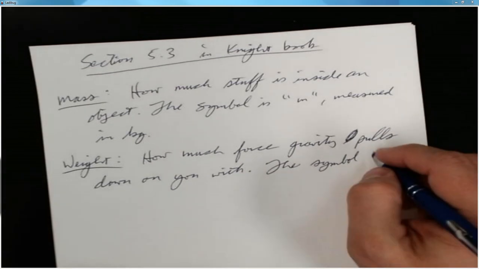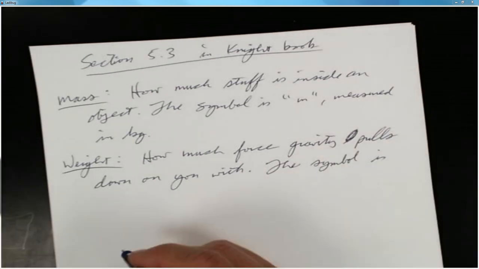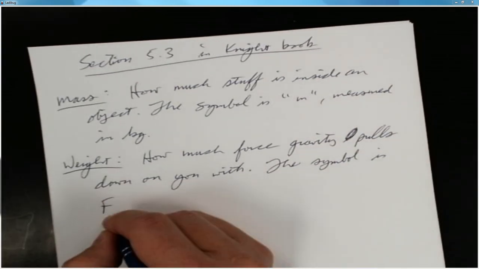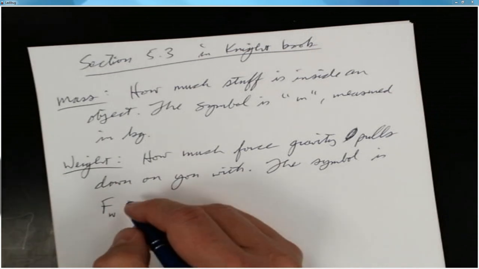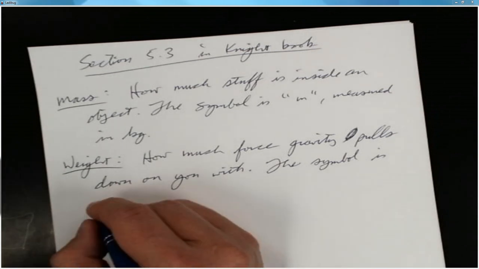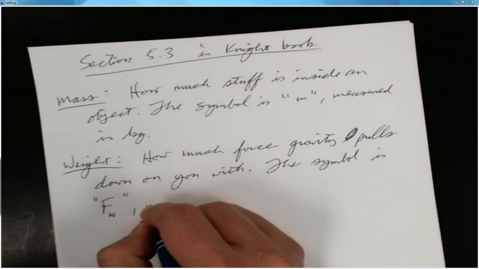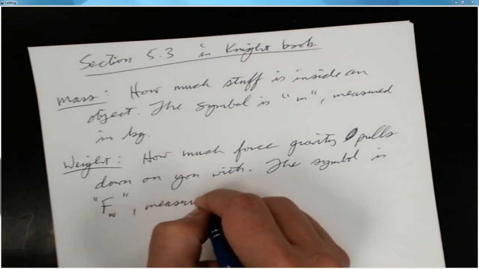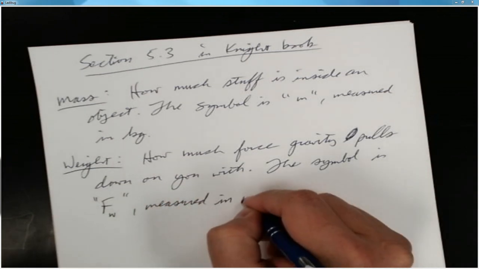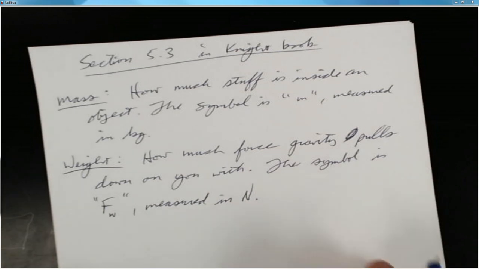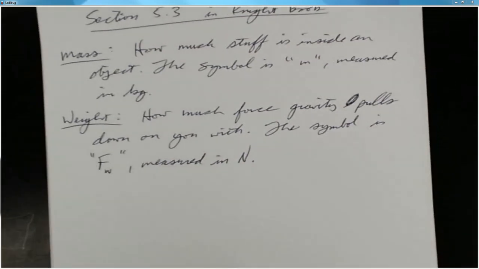The symbol I will use is a capital F with a subscript capital W for the force of weight, and it's measured in newtons. And I'm not going over that because you should know what a newton is. It's a kilogram multiplied by a meter divided by a second squared.